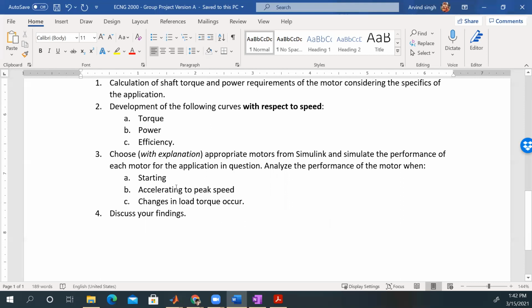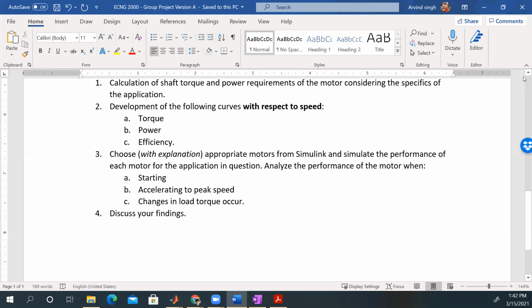You should be familiar already with the motors in Simulink. You would know that in Simulink, you could go into the motor block and choose a motor from a set of predefined motors. So you'll be choosing one of those motors. I don't expect you to figure out what the parameters of the motor should be.